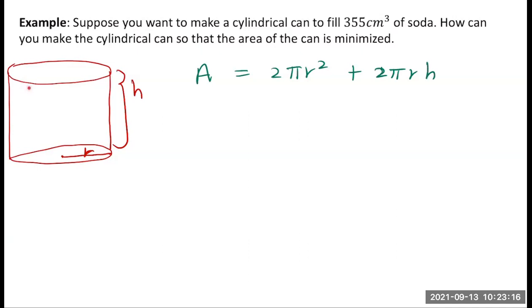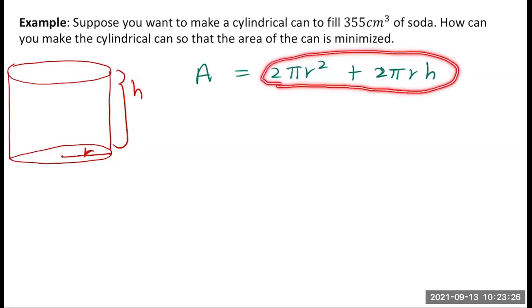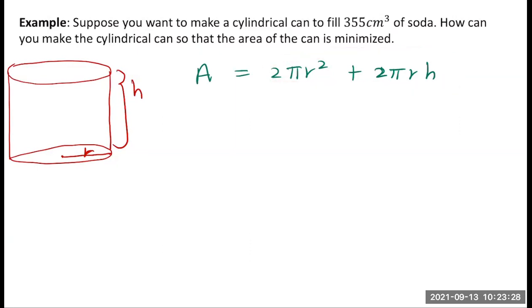Now we have a formula for the area, but the trouble here again is that we have two variables, r and h. We need to find a way to come up with a one variable equation for A. So how do you do that?